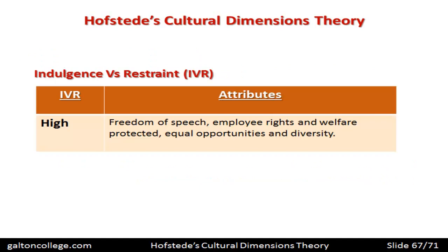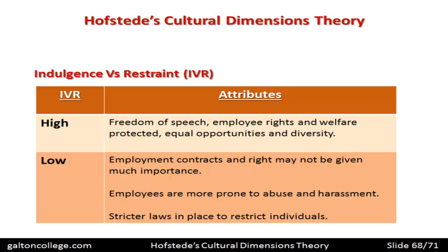So a high index, the more indulgent one: freedom of speech, employee rights, welfare protected, equal opportunities and diversity. Low ones will be where employment contracts and rights may not be given much importance, so the employment contract is broadly ignored. The company may not give a lot of rights or freedoms to the workforce. They may be abused and harassed, in fact, and there may be stricter laws in place to restrain or restrict individuals.